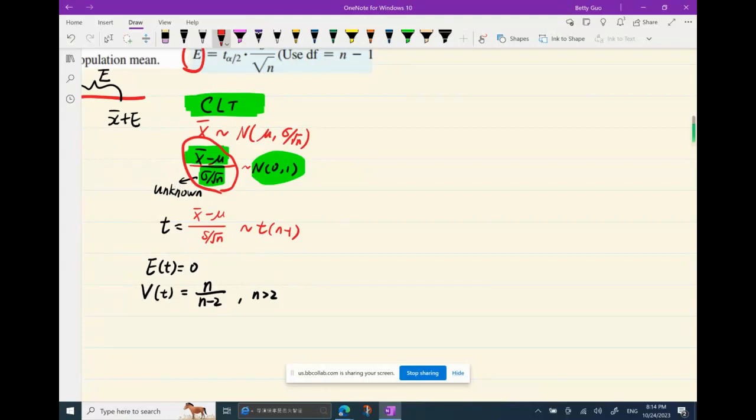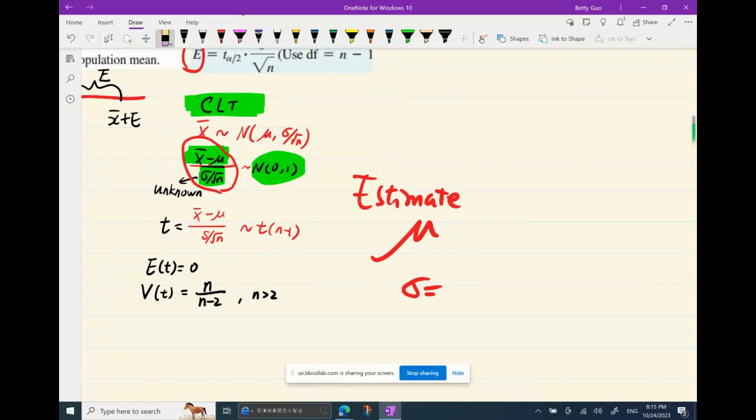Let me explain why. Let's recall, our goal here is to estimate the population mean mu. If we don't know the population mean mu, very likely we do not know the population standard deviation either, because the standard deviation has to use mu in the formula.